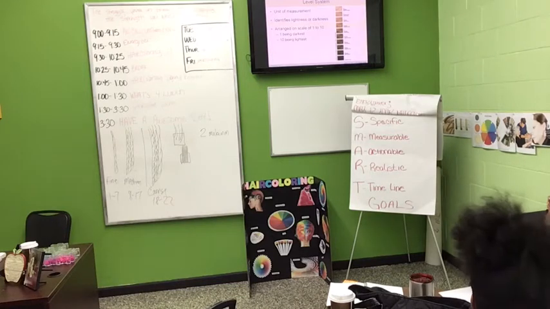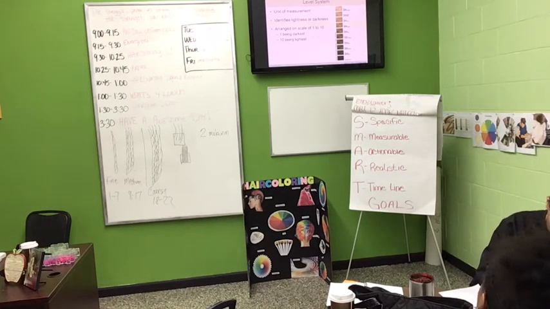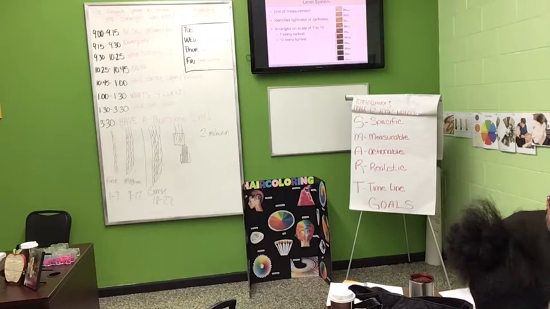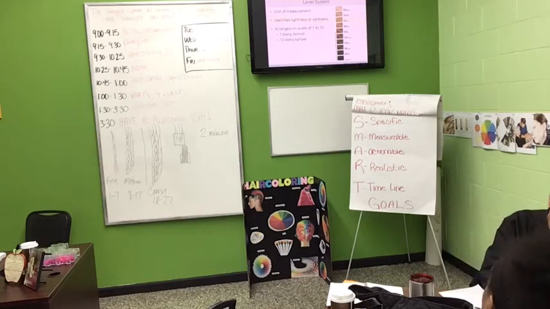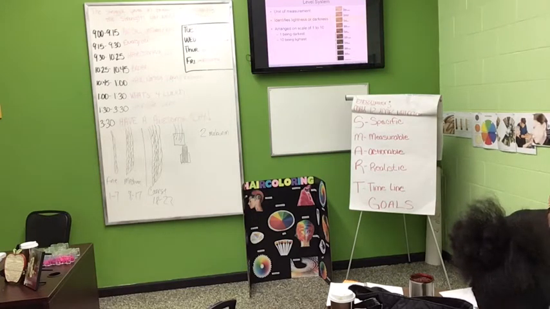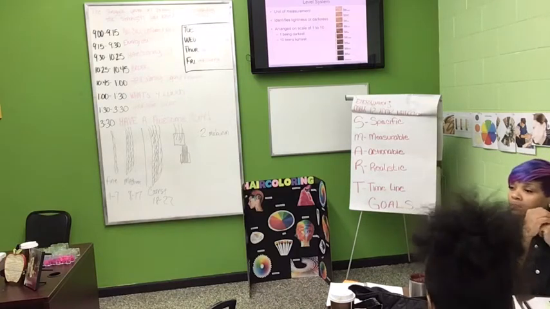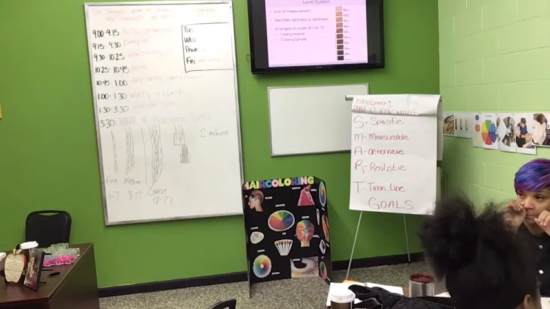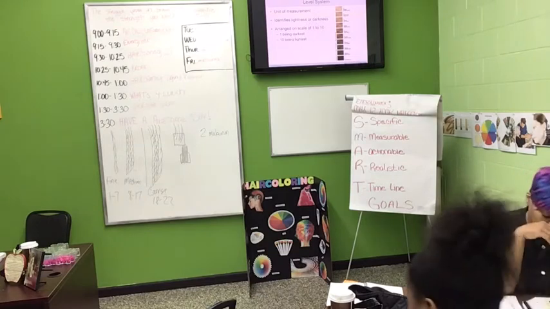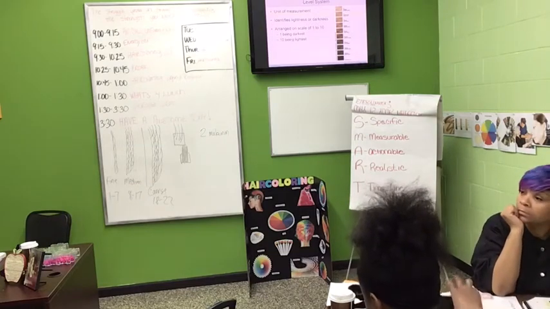But if you're looking at the European lines of hair color, they range from 1 to 12, because the colors are different. Like my natural hair color would be a level 3. It won't be like a level 1.